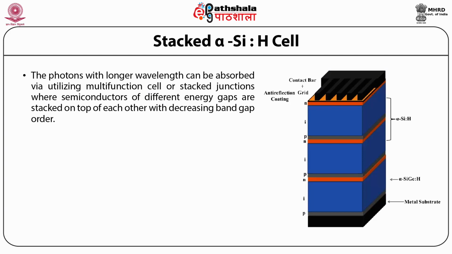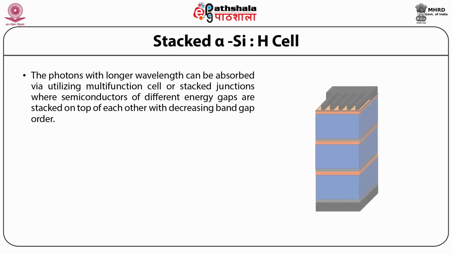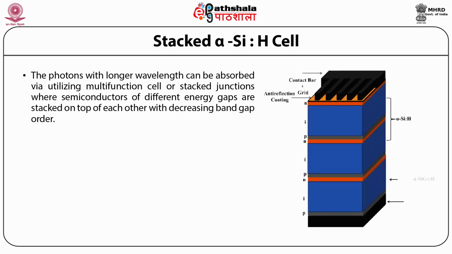Studies on stacked alpha silicon cells are under progress at SERI, USA, and the structure being studied is shown in the figure. In this structure, three stacked cells using NIP configuration are considered ideal from a practical consideration.